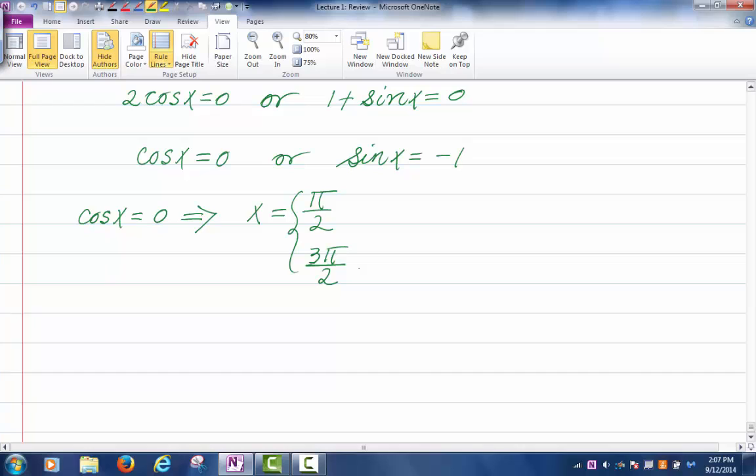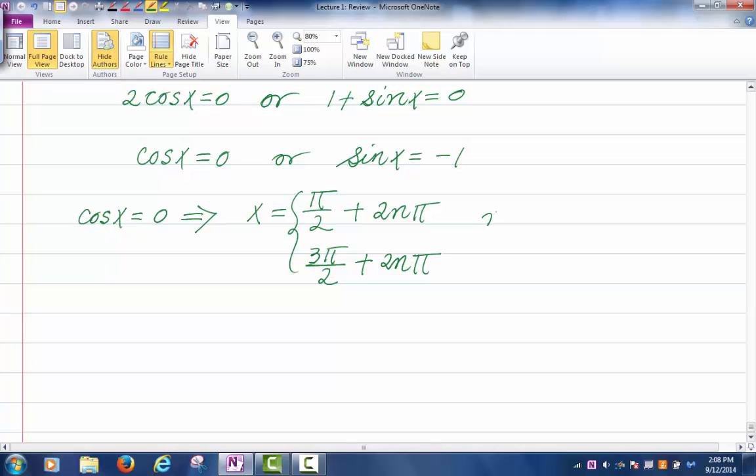Well, there are many other angles which are coterminal with these 2 angles, right? So can you describe all the angles which are coterminal with these 2 angles? All I have to do really is add a multiple of 2 pi to both of them, and then I get all the angles whose terminal sides will be either the positive y-axis or the negative y-axis.